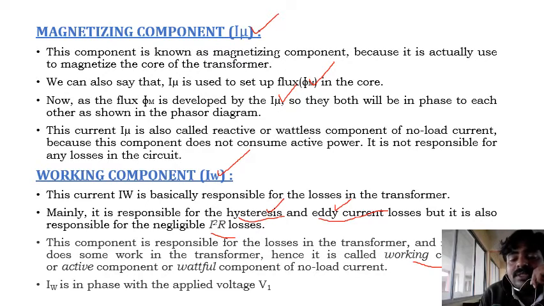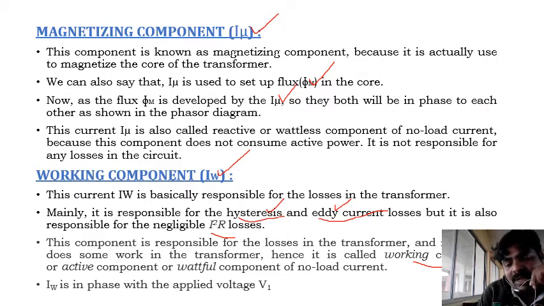Whatever changes it makes are due to the working component of the transformer, also called the active component or wattful component of the no load current. The magnetizing component is called the reactive or wattless component of the no load current, while the working component is called the active or wattful component.